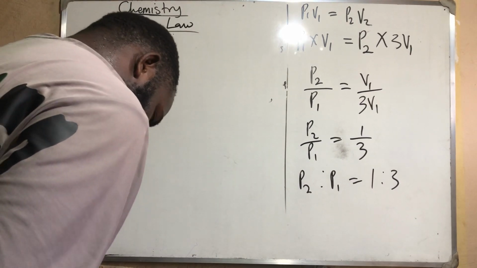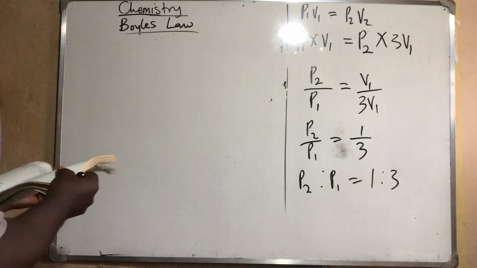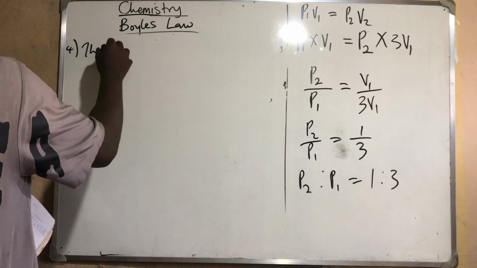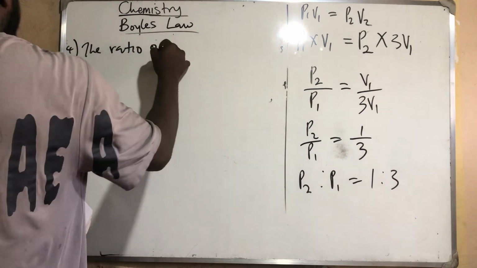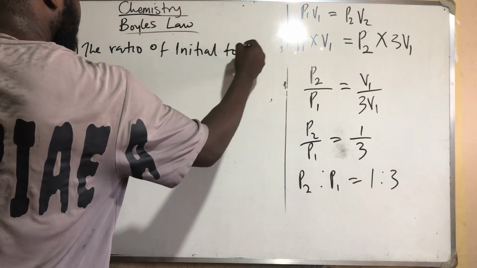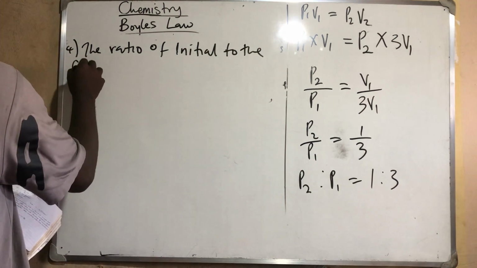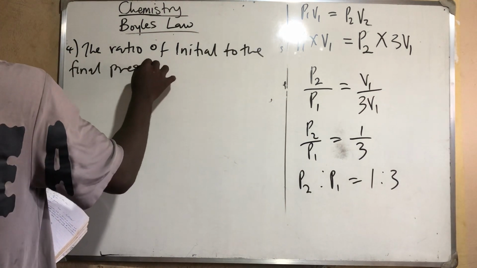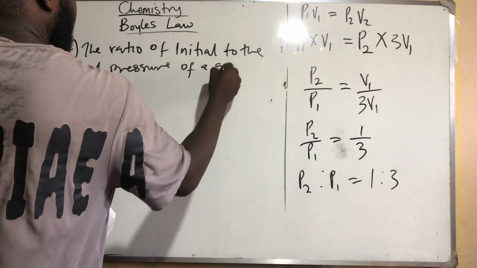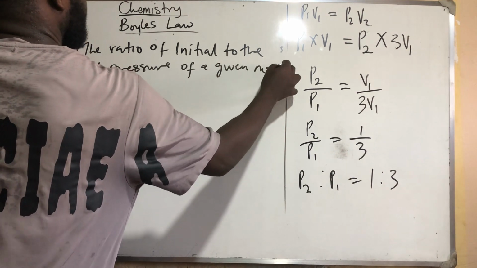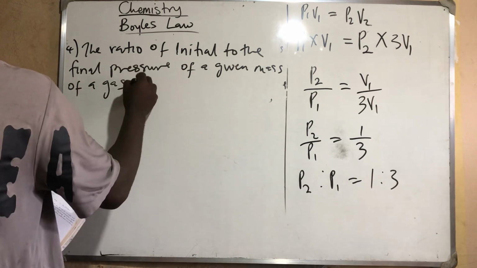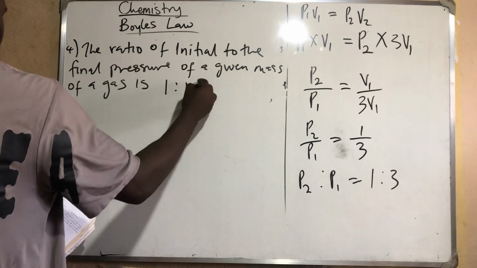The next question, number 4, said that the ratio of initial to the final pressure of a given mass of a gas is 1:1.5.